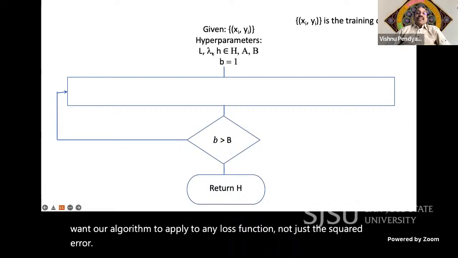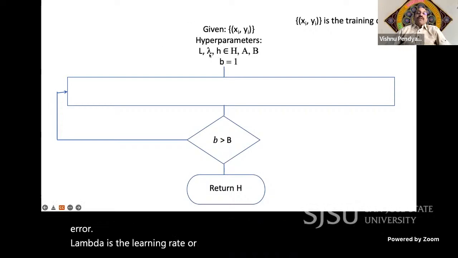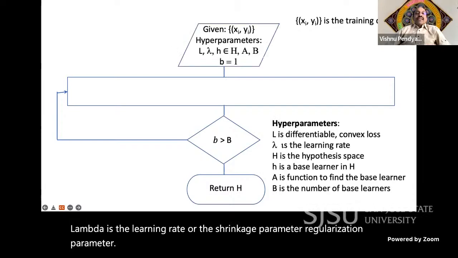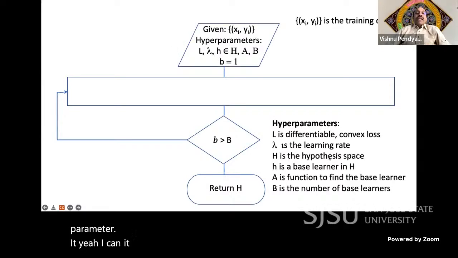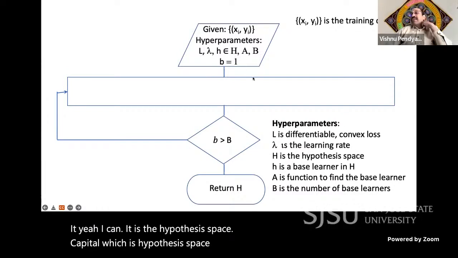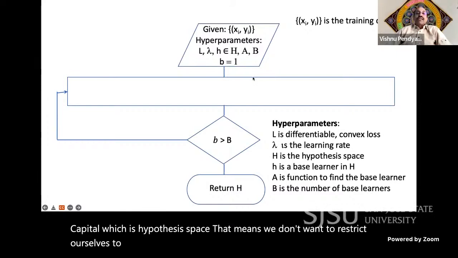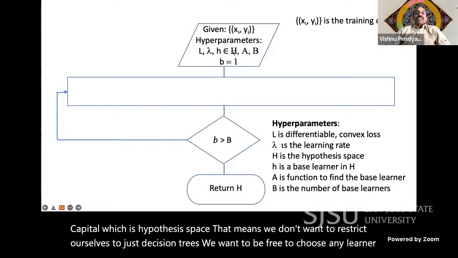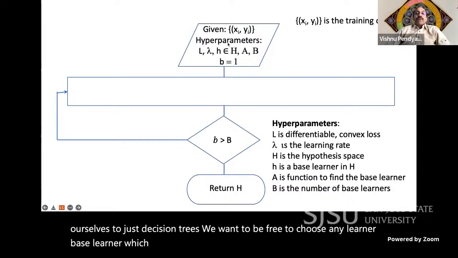Lambda is the learning rate or the shrinkage parameter, the regularization parameter. Capital H is the hypothesis space. That means we don't want to restrict ourselves to just decision trees. We want to be free to choose any base learner which belongs to the hypothesis space, right?